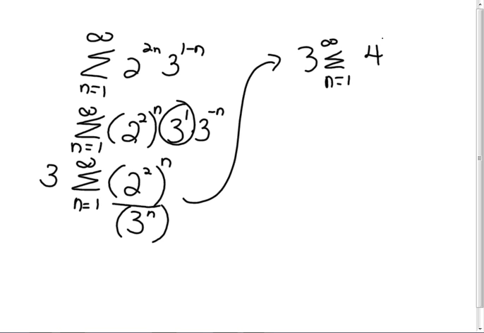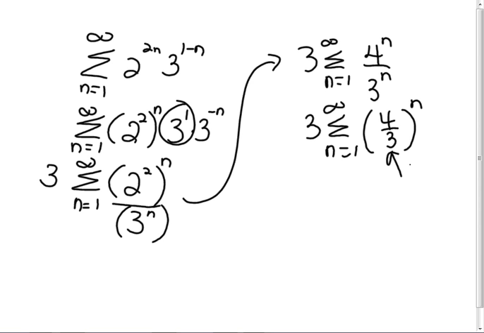Well, that's 4 to the n over 3 to the n. I can rewrite that as 4/3 to the n. And there's your r, as long as you see that that's r. I didn't see it at the beginning. But anyway, r is greater than 1, so divergence.